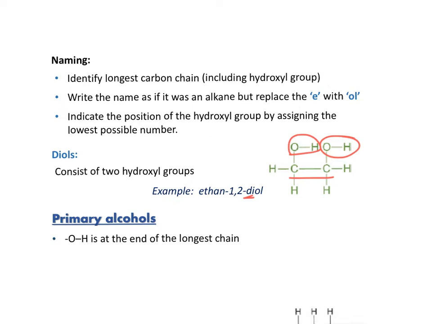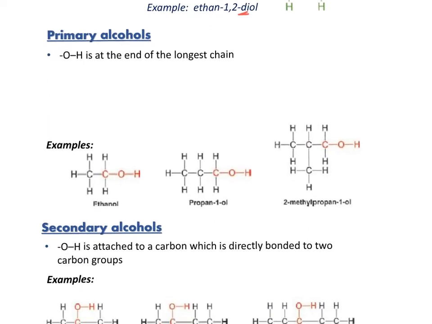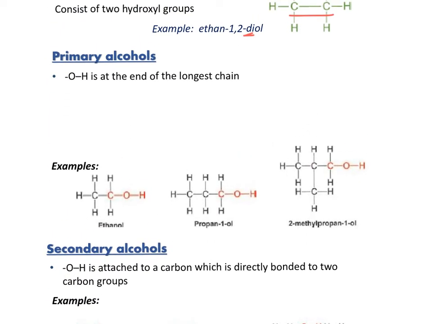We can classify alcohols as primary, secondary, or tertiary. Primary alcohols are easy to spot because the OH is on a terminal carbon. In other words, it's at the end of a chain, and this would then make it 1-ol. So if you look at this one, this is ethanol.